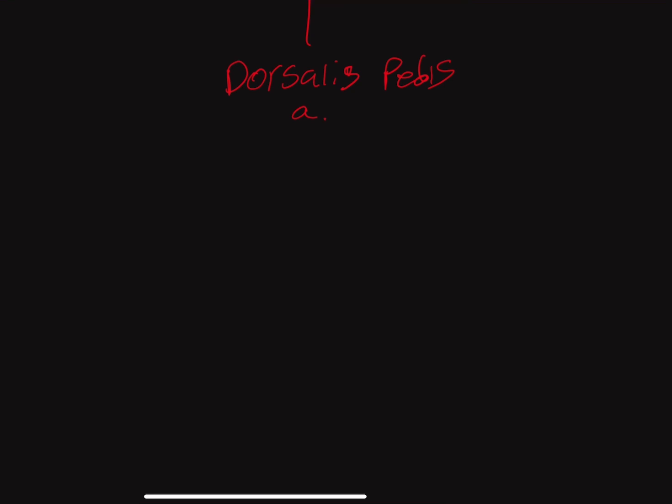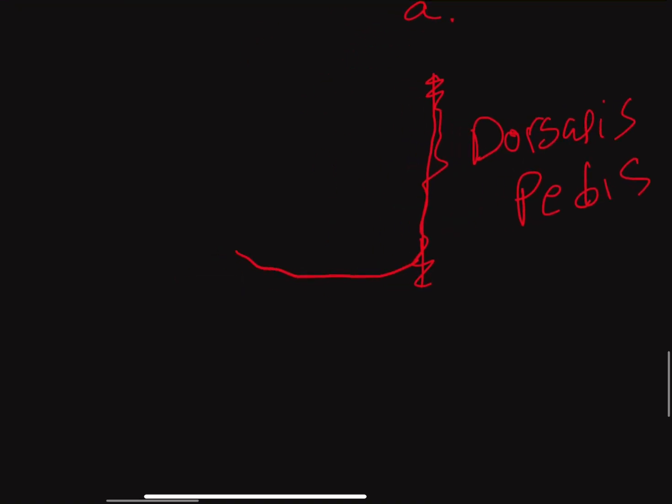Okay. So then the dorsalis pedis artery is going to split, and I'm just going to draw this little circle thing. It's going to follow along the first metatarsal. And then it's going to stay the dorsalis pedis for this length right here. And then it's going to have a branch that runs along the metatarsals, and that is going to be your arcuate artery.